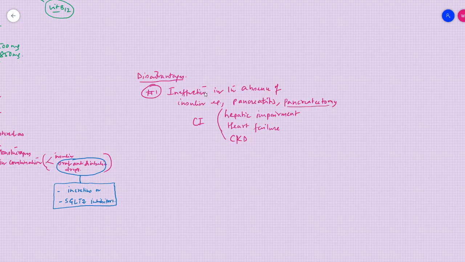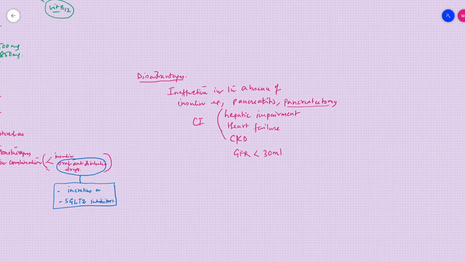So in these patients, it is ineffective. If there is any condition where there is absence of insulin, then this drug is not effective. And in chronic kidney disease, if the renal GFR, glomerular filtration rate, is less than 30 ml, then this drug should not be given. Okay, so these are the contraindications, and this is one of the major disadvantages.